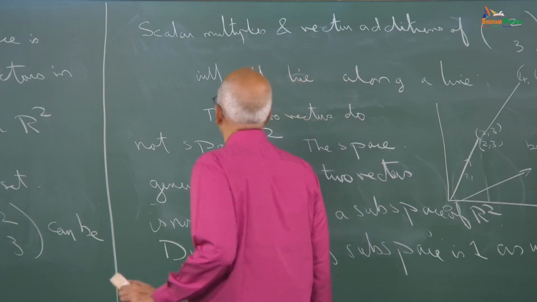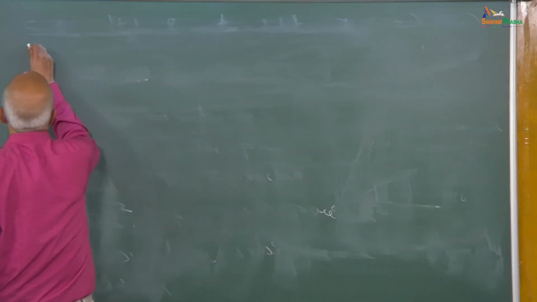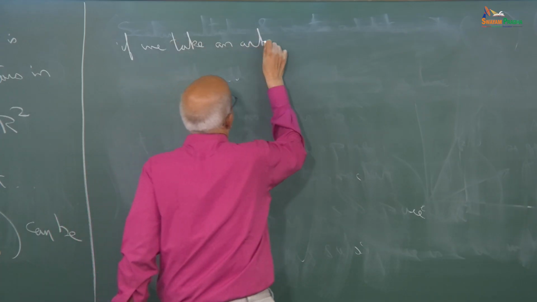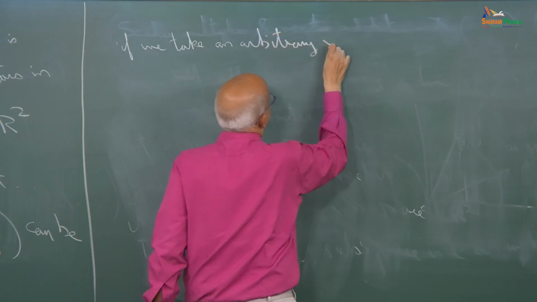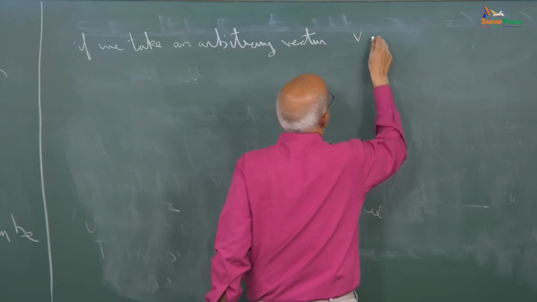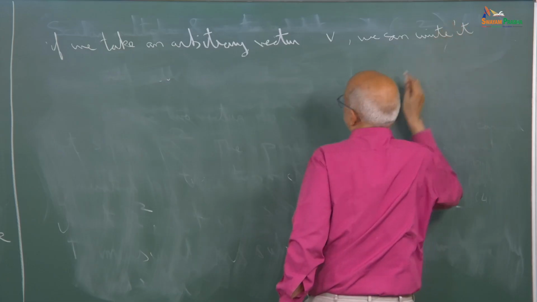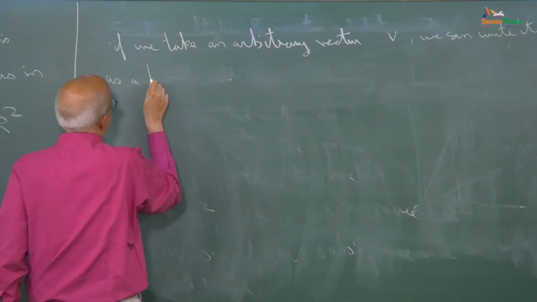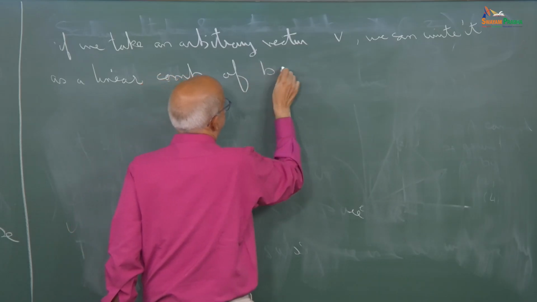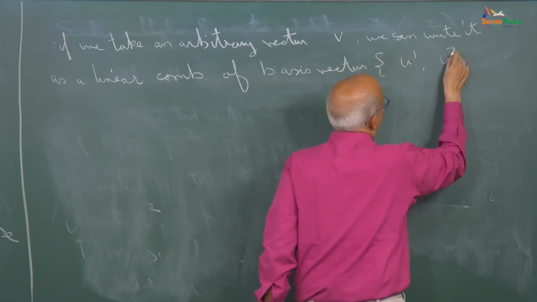So, just to make things clear, if we take an arbitrary vector, let us say V, we can write it as a linear combination of the basis vectors, and let us say the basis vectors are u1, u2.